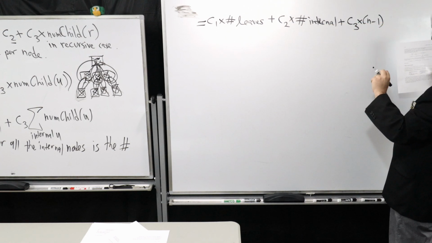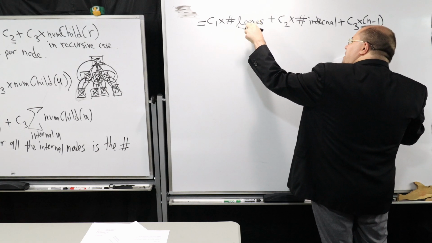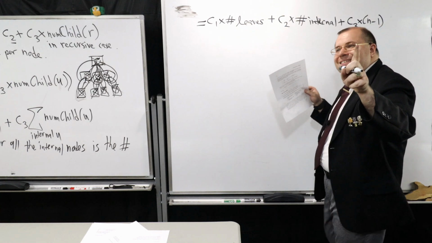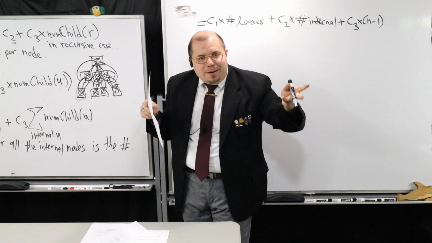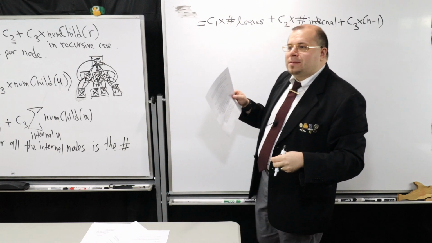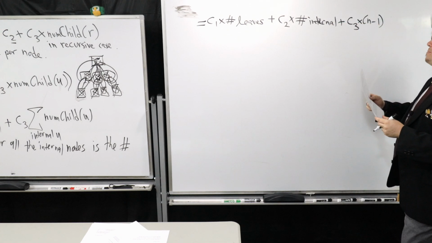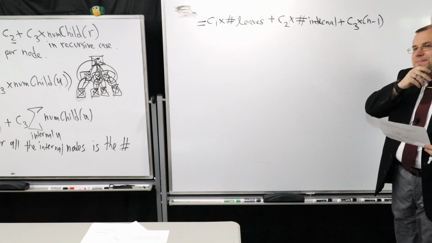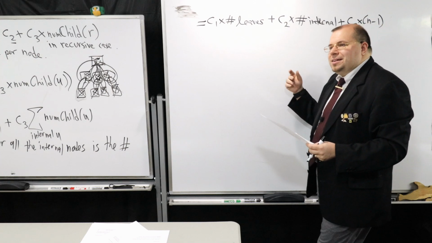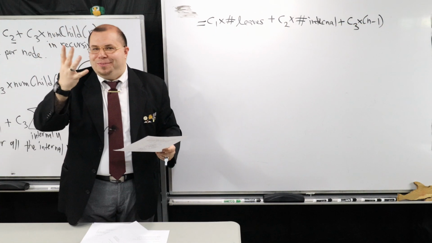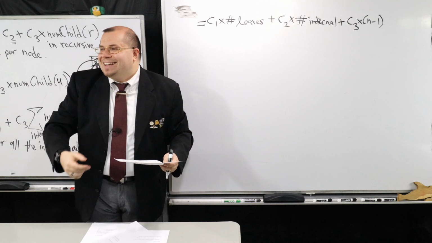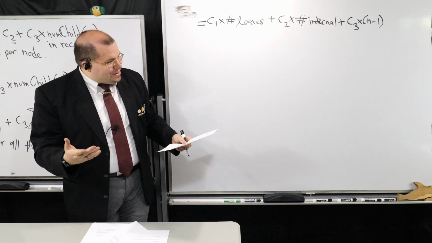But here's the neat part. How many leaves can there be at most? Just think about those two main things, like we talked about m and we talked about n. What can we say about the number of leaves? Surely there can't be more leaves than there are nodes, right? So I'm going to be a little generous with my analysis.